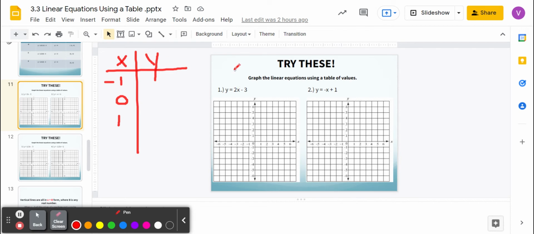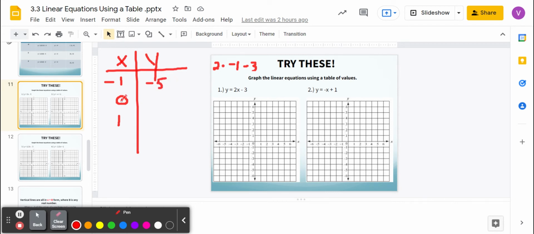Okay, so I'm going to do these using mental math. So if x is -1, I have y is equal to 2 times -1 minus 3. Okay, 2 times -1 is -2. -2 minus 3 is going to give me -5.